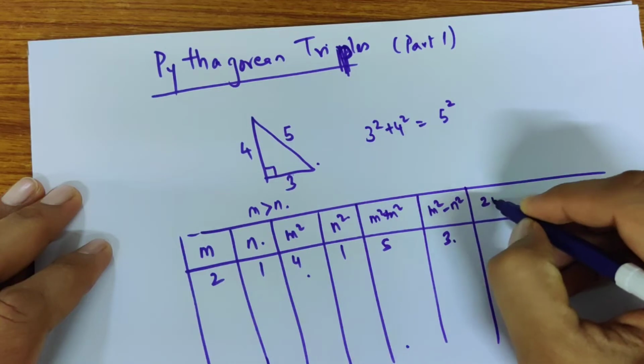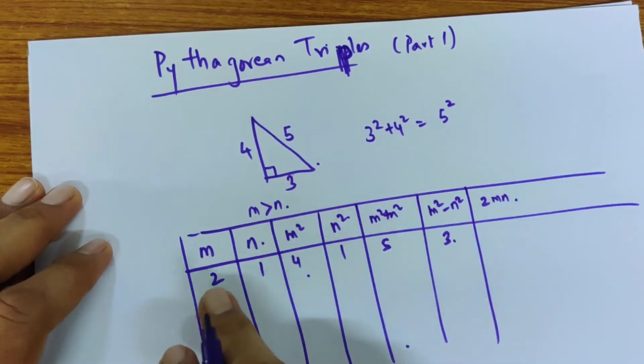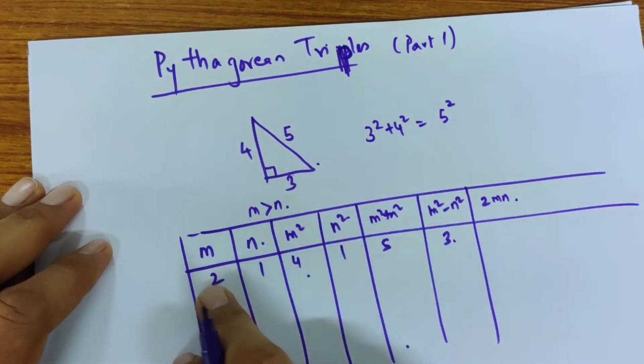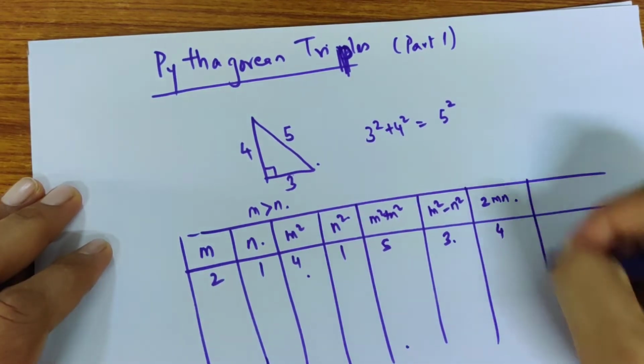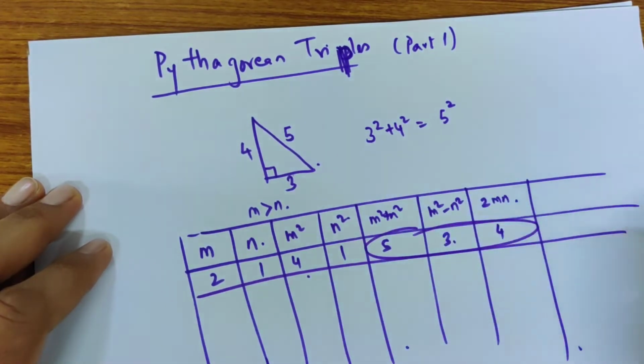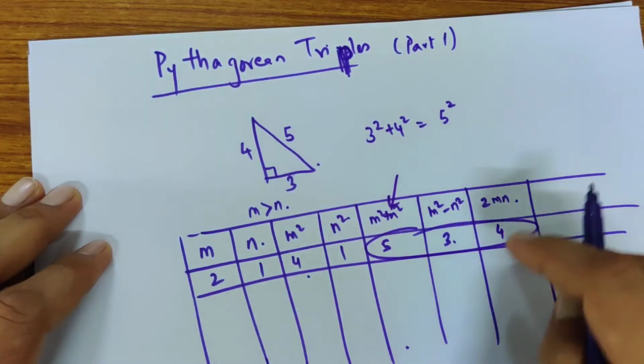And the fifth column is 2mn, 2 times m times n, which means 2 times 2 is 4, and times 1 is still 4. So this basically gives you a Pythagorean triple. Okay, this will always be the highest side, which is the hypotenuse, and these will be the two smaller sides.